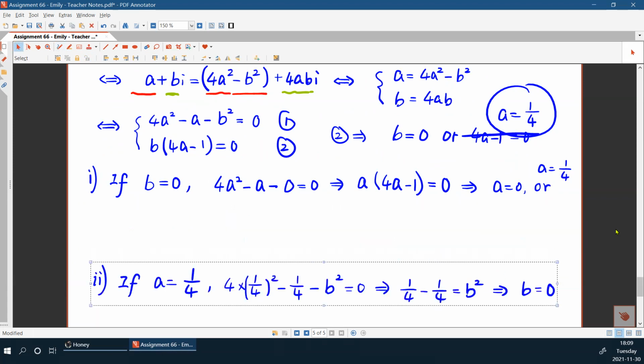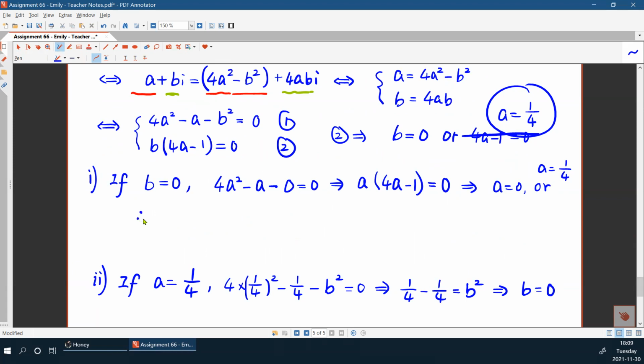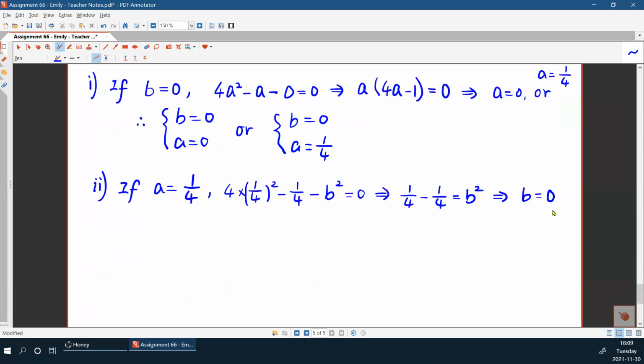Let's move this a little bit down. So from the first branch, we know that if b is 0, a is either 0 or 1/4, right? So the solution of the first branch is b is 0 while a is 0, or the second set is b is 0 and a is 1/4, right? And from the second branch, it actually tells us when a is 1/4, we have b must be 0, right?